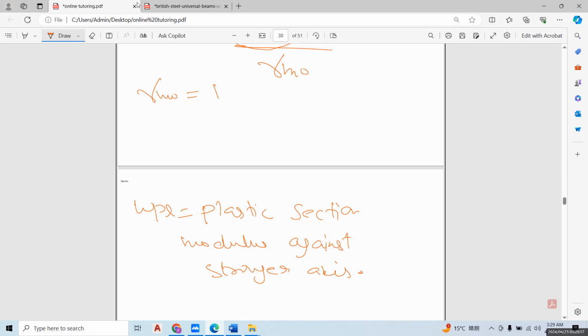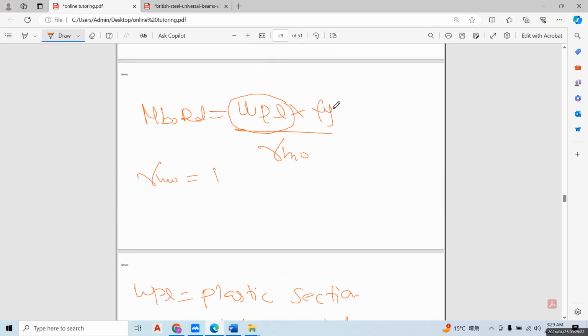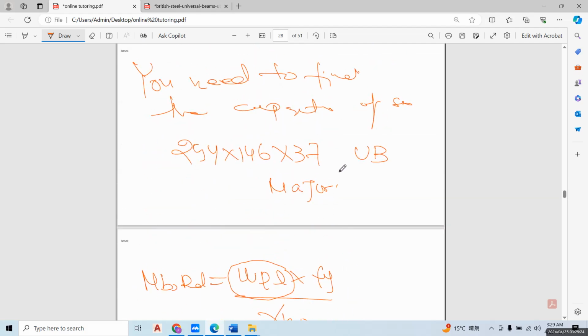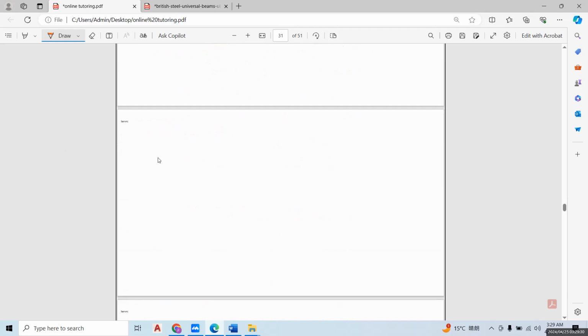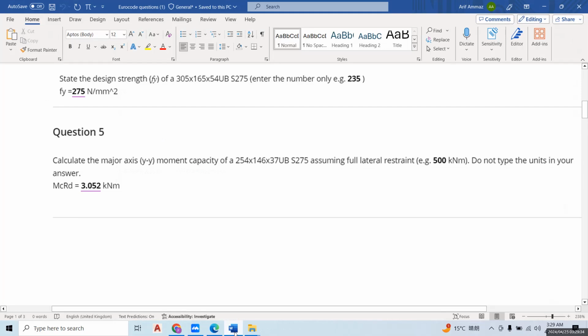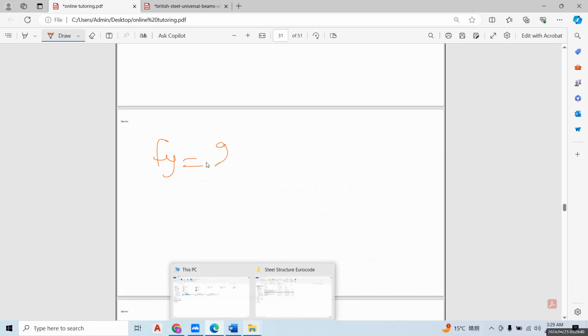And Fy again depends on your grade and thickness of flange. In the question the grade is 275 Newton per mm square.